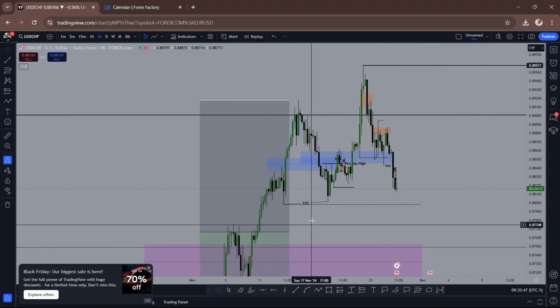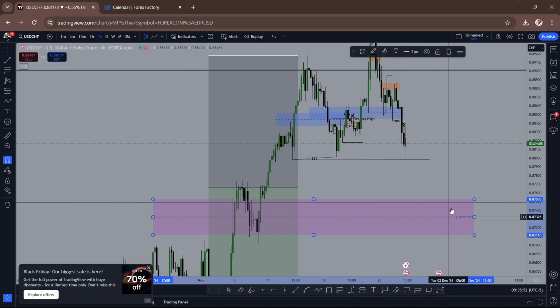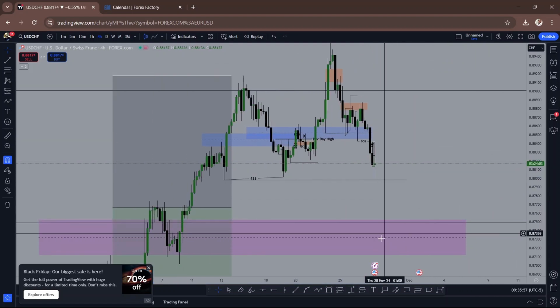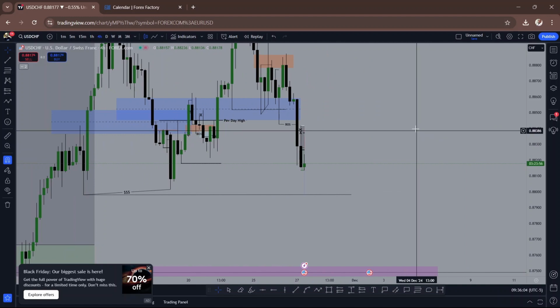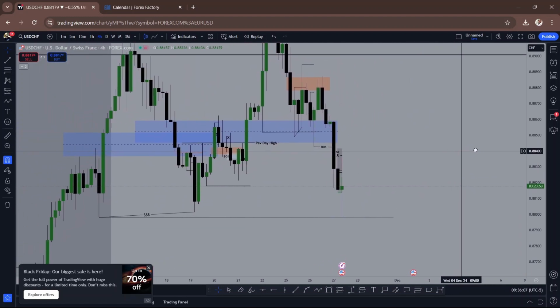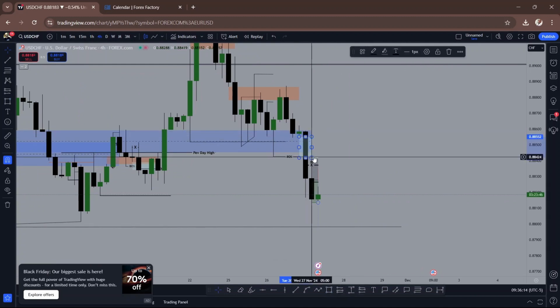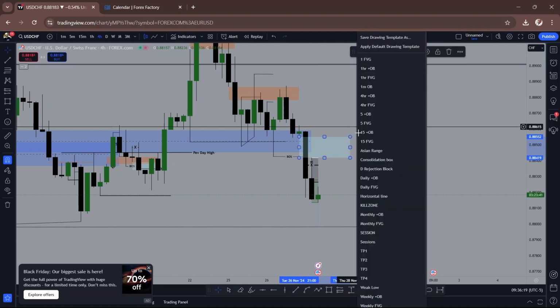I want to see price run that low, and possibly come into this weekly fair value gap we have here. So I want to see this as the overall draw on liquidity, but I want to see price run this low right here. And what happened on the 4 hour time frame? On the 4 hour time frame, I can see this fair value gap here, which price can also try to cover up before going down.